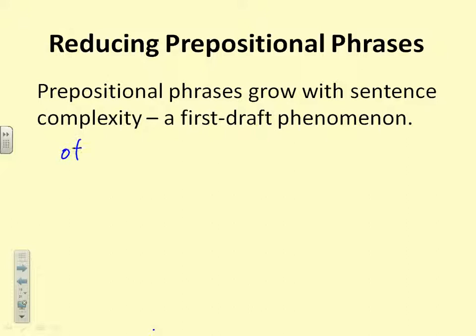Prepositions like of, to, across, on, and so forth and so on. So they're adding ideas to what they started with, which again is good. We want our sentences to grow in complexity, but it can get out of hand. It can get to a point where there are far too many prepositional phrases, and so we have to come back and scale that back a little bit.